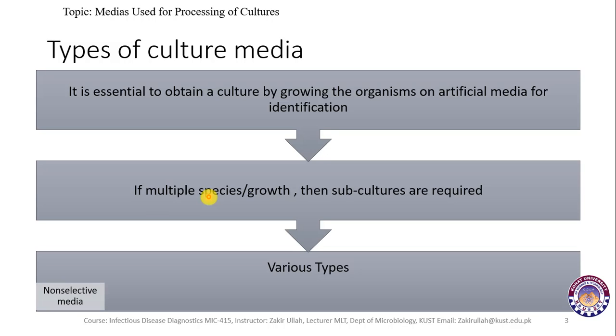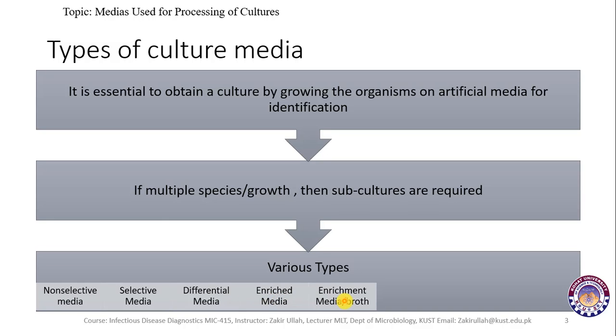The first of them is the non-selective media, then the selective media, the third one is differential media, the fourth one is enriched media or enrichment broth. Then we will discuss the different transport media and the media used for identification, and in the last we will discuss broth media.